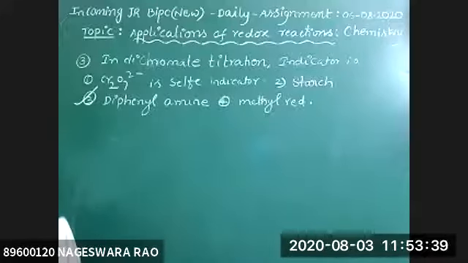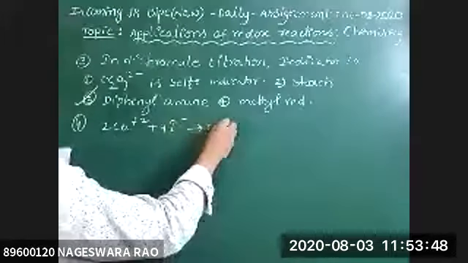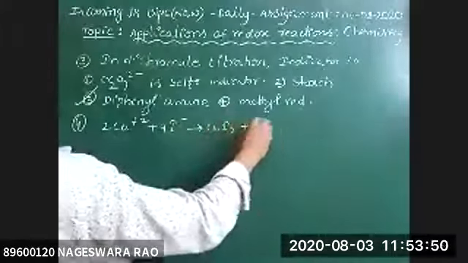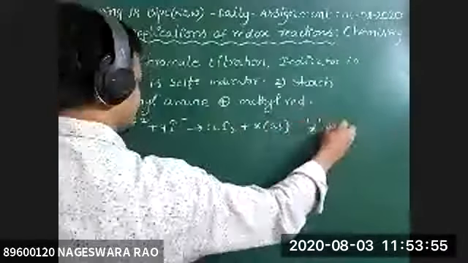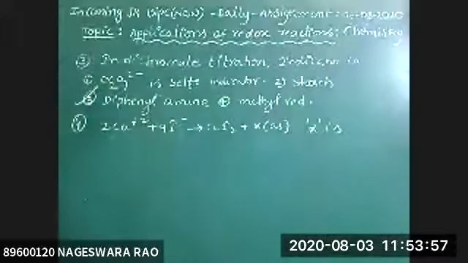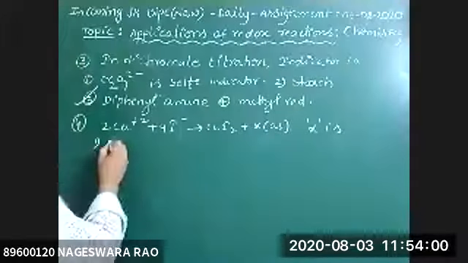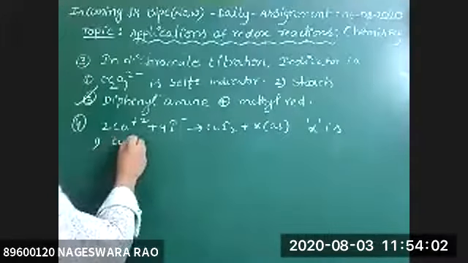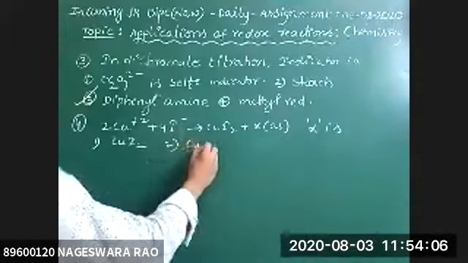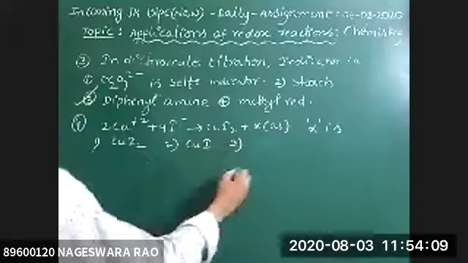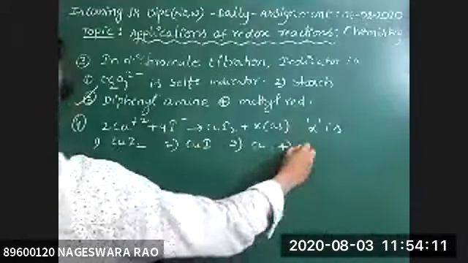Next, 4th one. 2Cu2+ plus 4I minus gives rise to Cu2I2 plus X aqueous. Here X is: option 1, Cu2I2; option 2, CuI; third option is Cu; fourth option is I2.